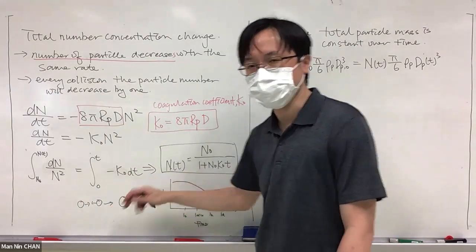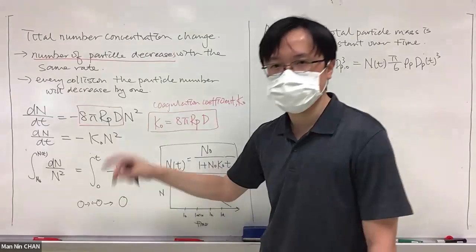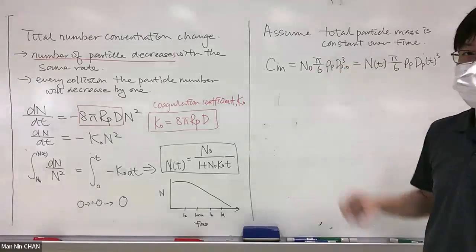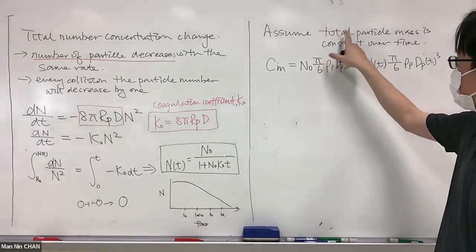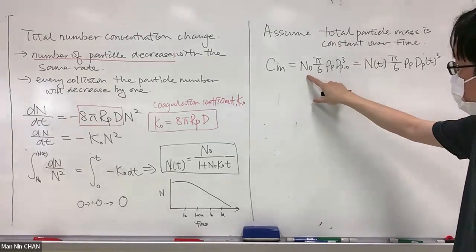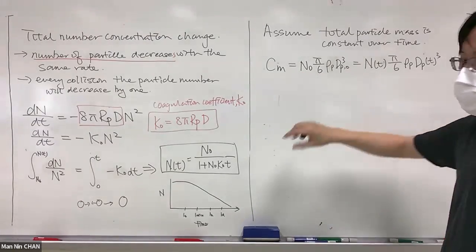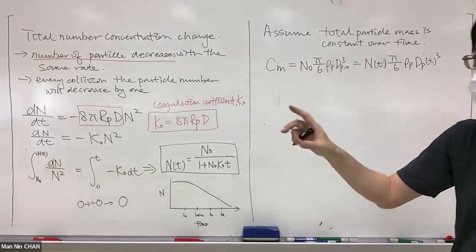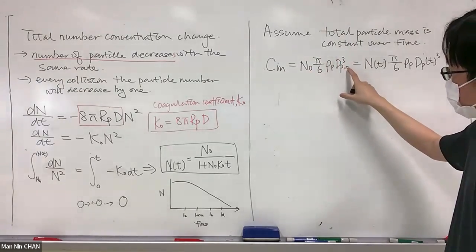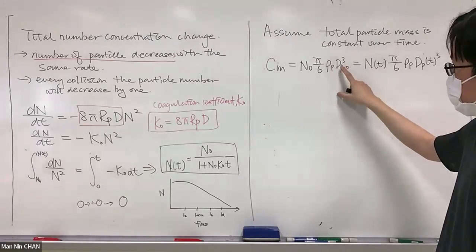So I want to look at how your number concentration changes, and how that affects the size change of your particle. And here I assume in our system your total particle mass stays the same over time. So N naught is the initial number of particles, and you assume all the particles have the same size, D_p naught. You can argue this is your initial particle size.